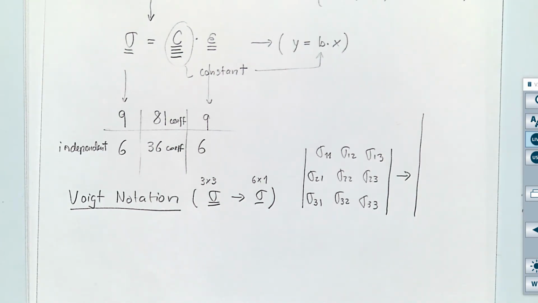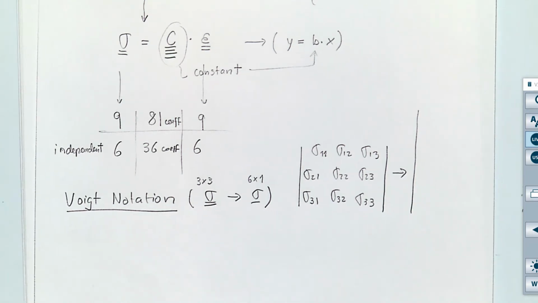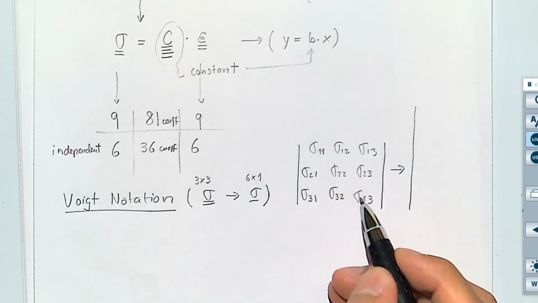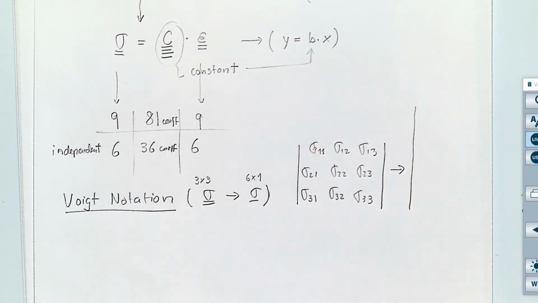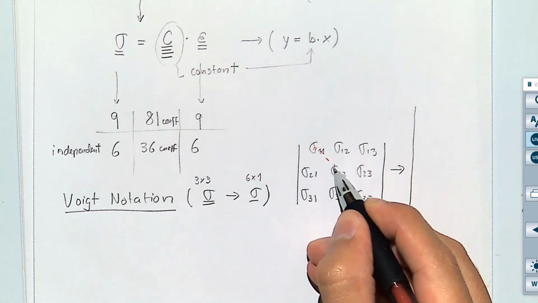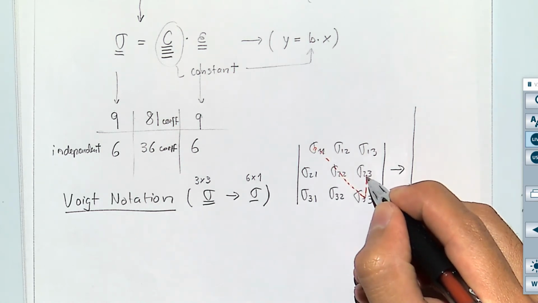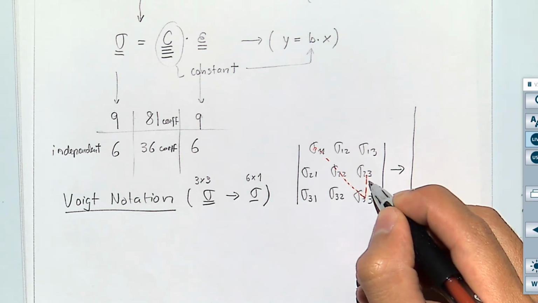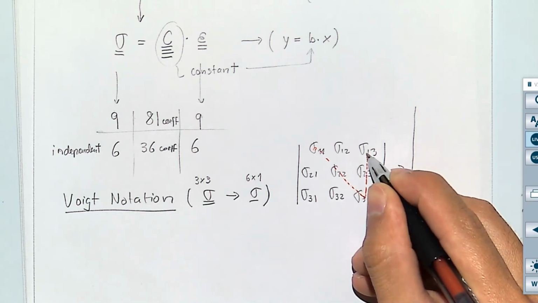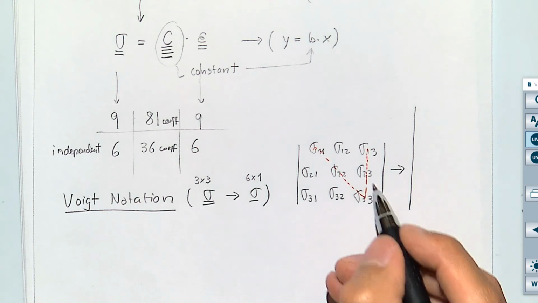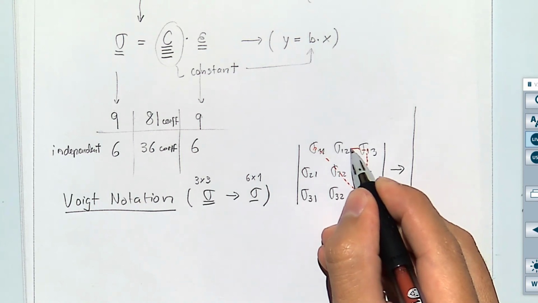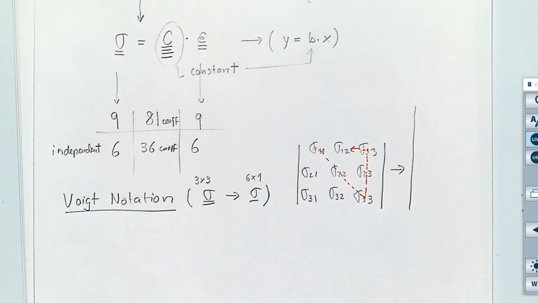And I'm going to follow the following convention. First number is on the top left, this one. And then the order I'm going to follow is going down the diagonal, going up this column, the third column, and finally getting over there.